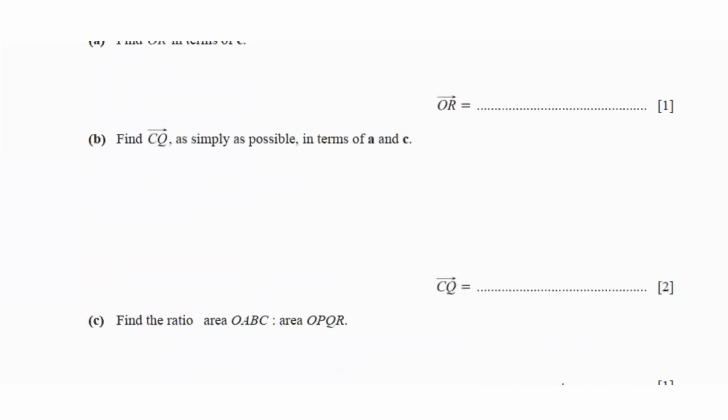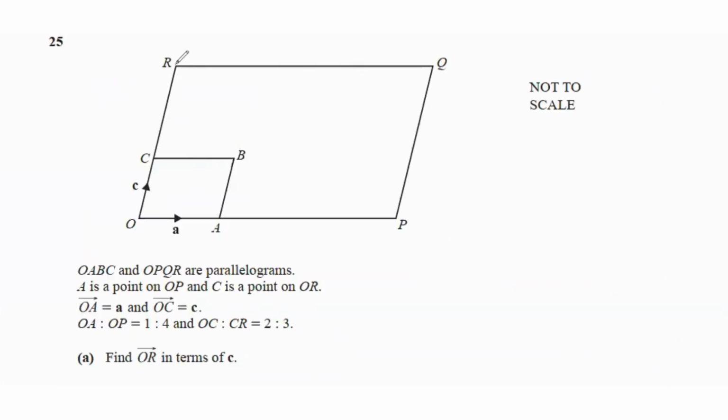Then it says, find CQ as simply as possible in terms of a and c. We know that OR was 5/2 c. So CR is going to be 5/2 c minus c, which is going to be 3c/2.